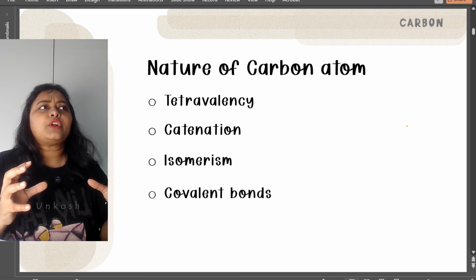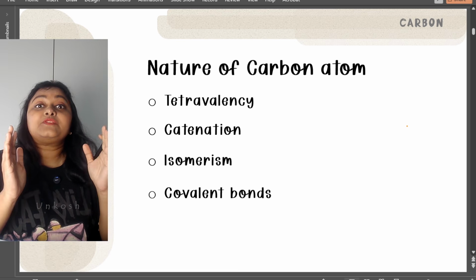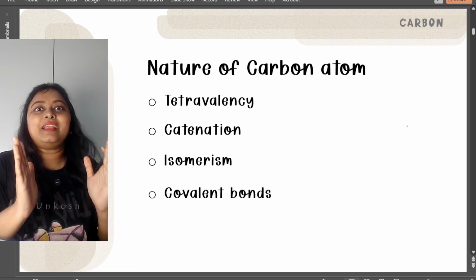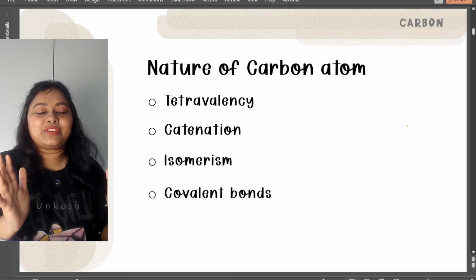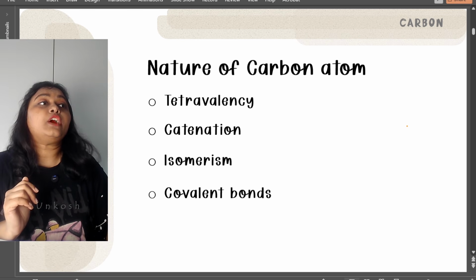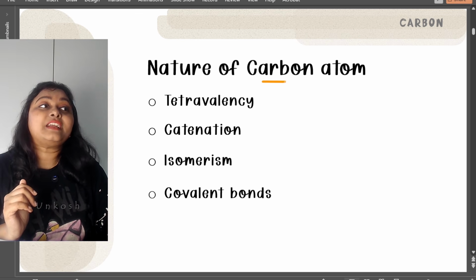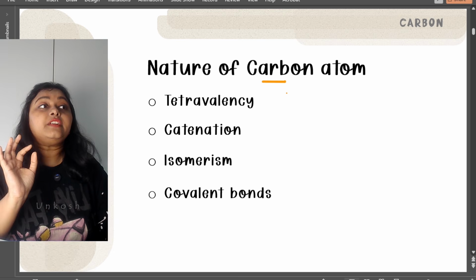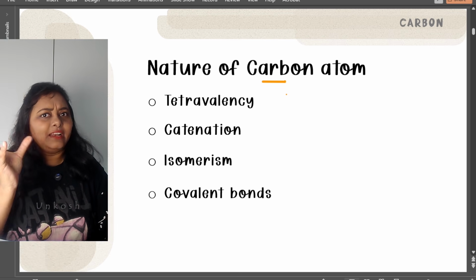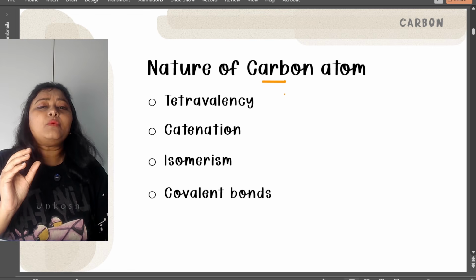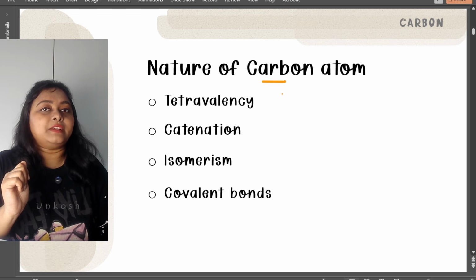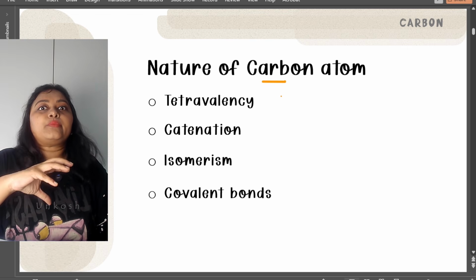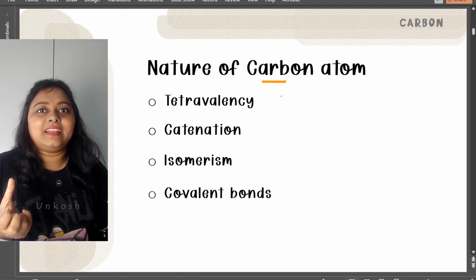And because we are talking so much about carbon, let us first understand our hero element in this organic chemistry world, which is carbon. So we are only going to talk about specifically carbon right now. Carbon is an element, of course, we know about it, but what is the nature of the carbon atom that helps it produce so many organic compounds?